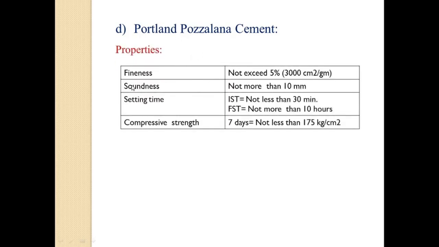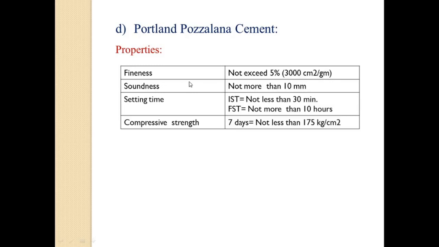The fineness: the residue of this Portland pozzolana cement by weight should not exceed 5% when sieved through IS sieve number 9, that is the 90 micron IS sieve, and its specific surface area of fineness is around 3000 centimeters square per gram.